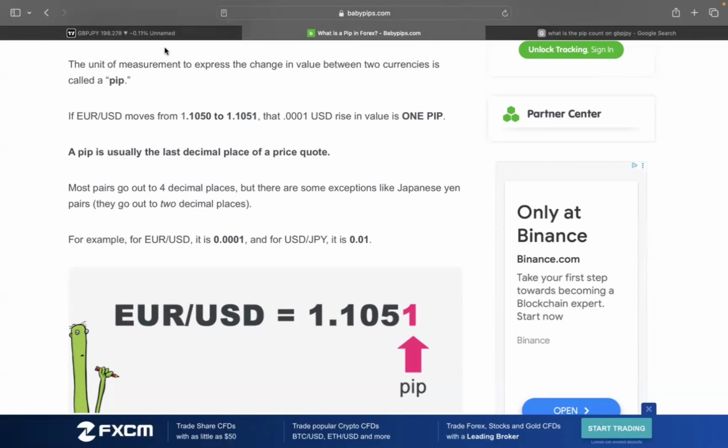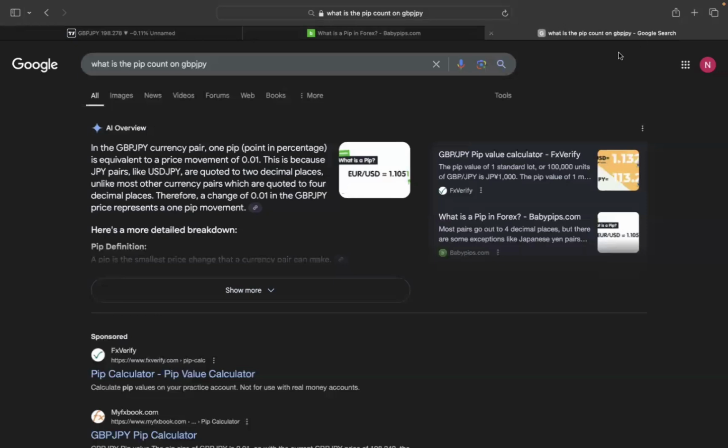Now let's go into the chart. We're looking at the pip counts for GBPJPY, to see how to identify the number of pips on GBPJPY, which is the British pound against the Japanese yen.